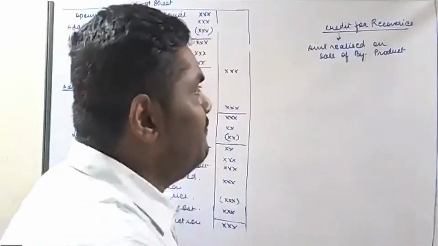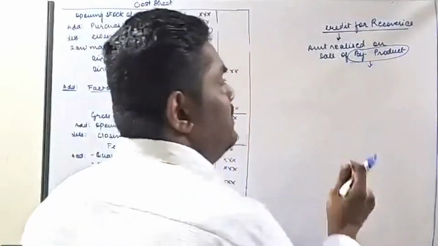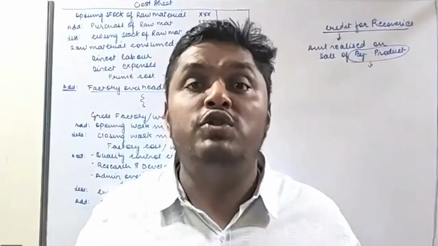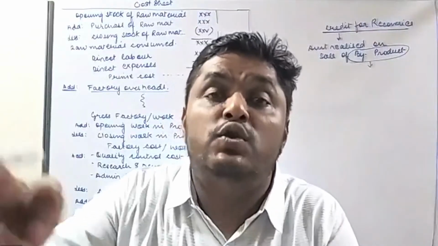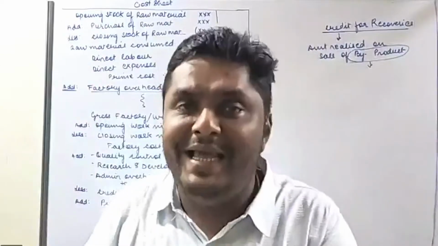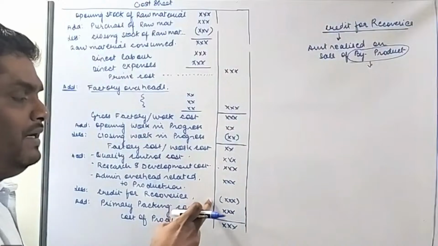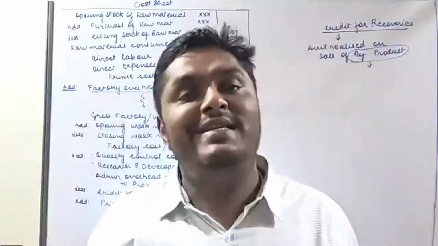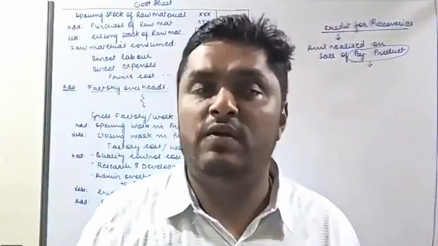And when talking about the byproduct, it is the incidental waste that is generated during the course of manufacturing the main product. While manufacturing the main product, if some waste is generated and we sell that waste in the market, the amount realized will be deducted here. We call it the credit for recoveries. But if some raw material is scrapped, it will be deducted from the purchase price of raw material.